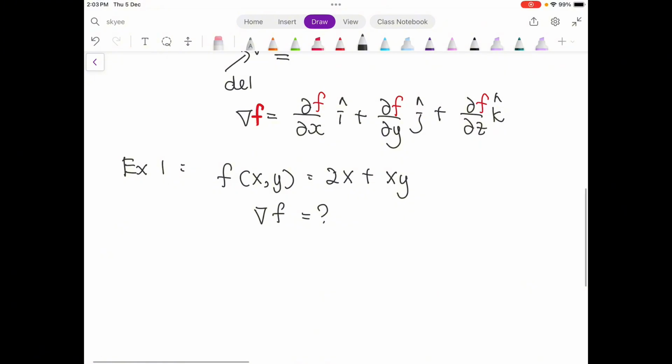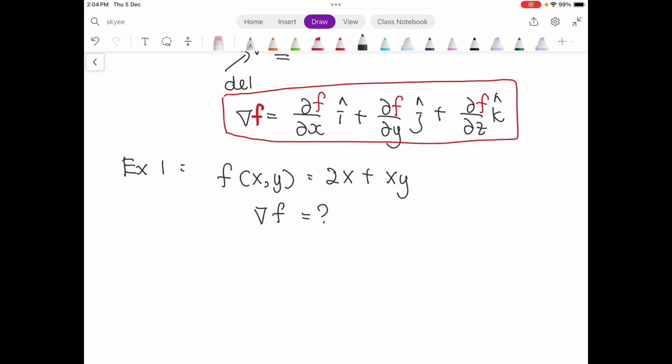What you have to do is apply the formula here.